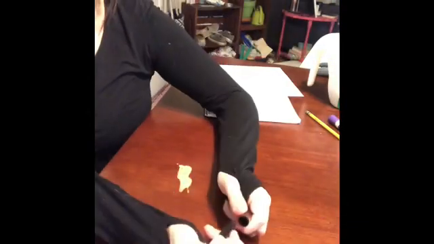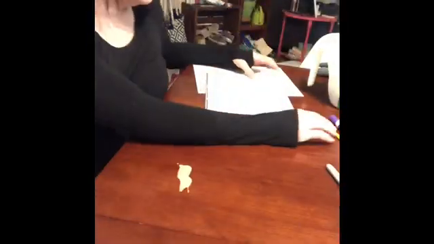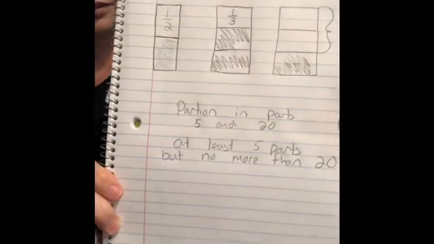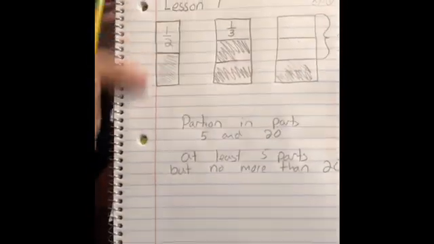Okay, third graders, now I'm going to show you what you're going to do for independent work. Don't get rid of whatever fraction strip you made. I want to see the way you partitioned your fractions. Now, on this lesson where we did lesson 7, I'm going to turn the page because I wrote those directions there and I need lots of space.